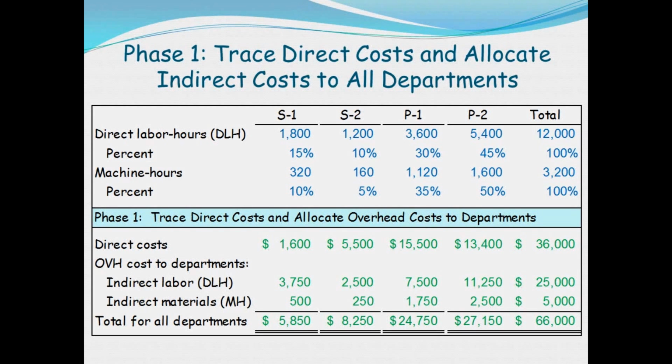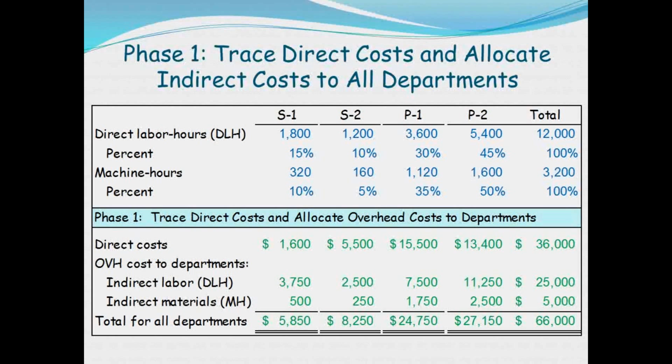So the indirect costs are allocated to the departments, and you can figure out the total cost of each department by adding the direct costs plus their allocated indirect costs. So we now have total costs residing in each department.